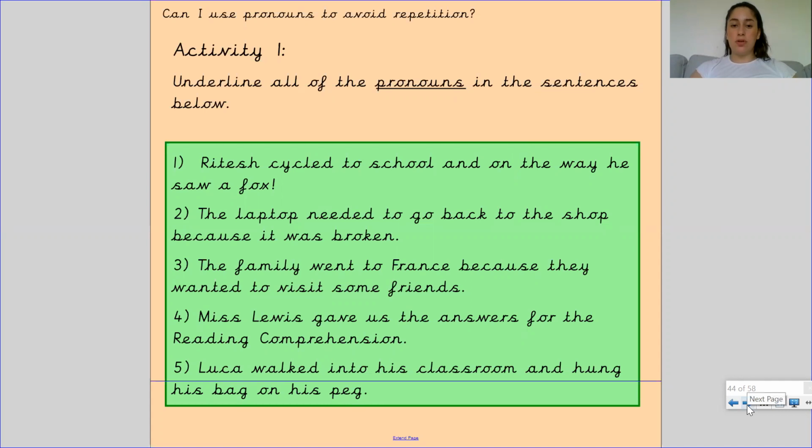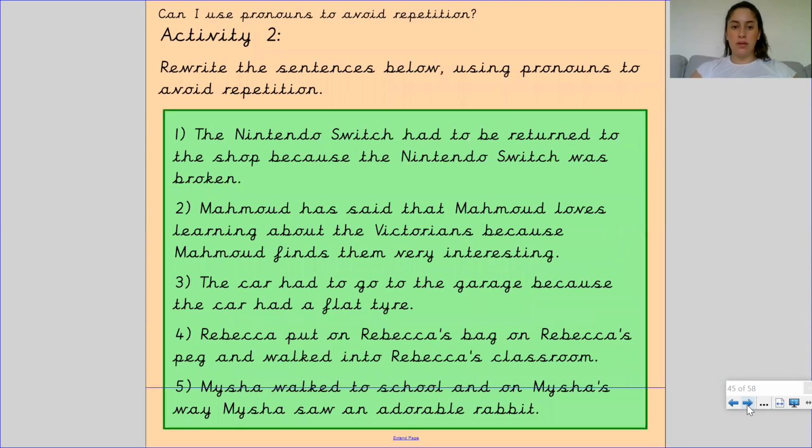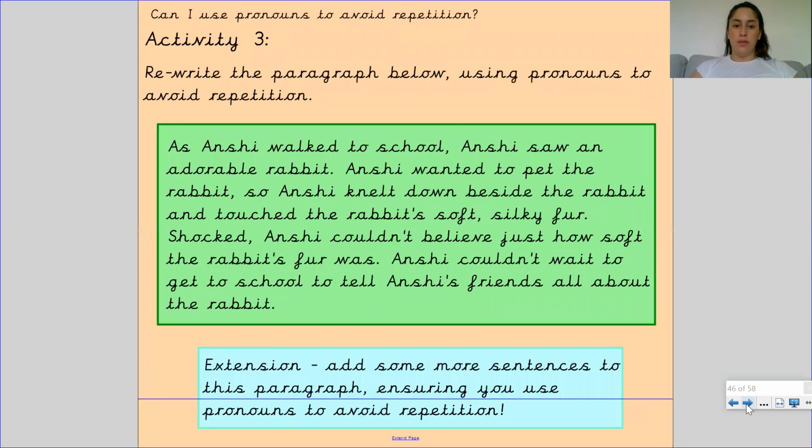For a lot of you on Tapestry, I've said you must start with activity 2, so ignore activity 1. Activity 2 is to rewrite the sentences below using pronouns to avoid repetition. And the third activity is to rewrite the paragraph using pronouns to avoid repetition.